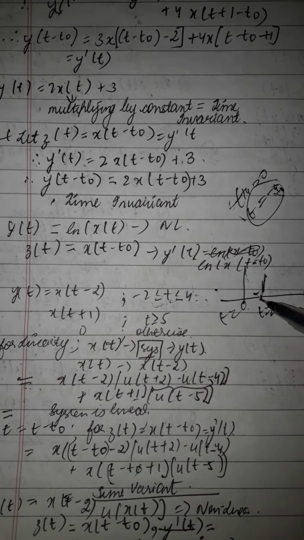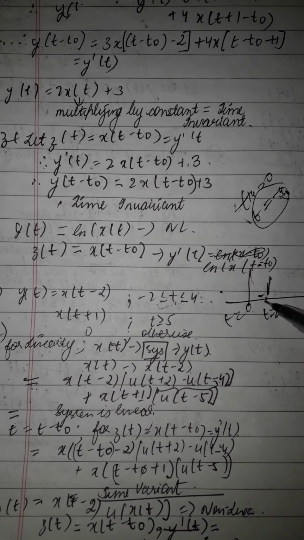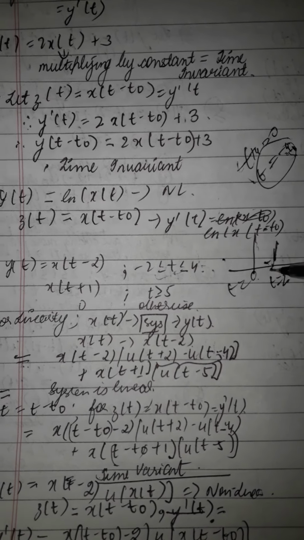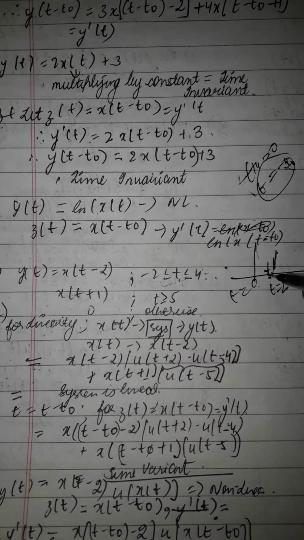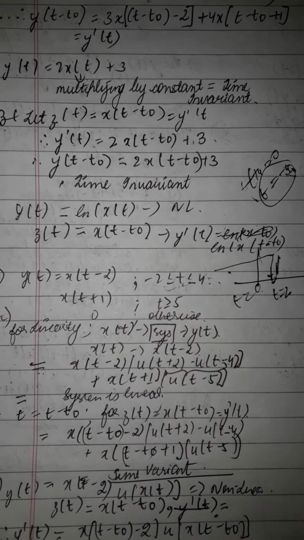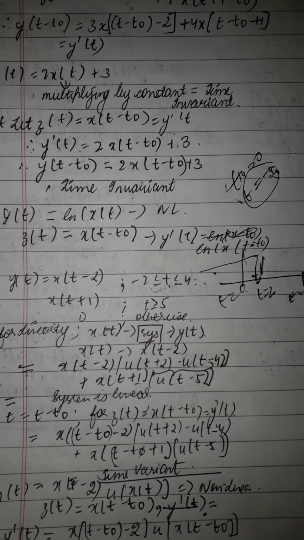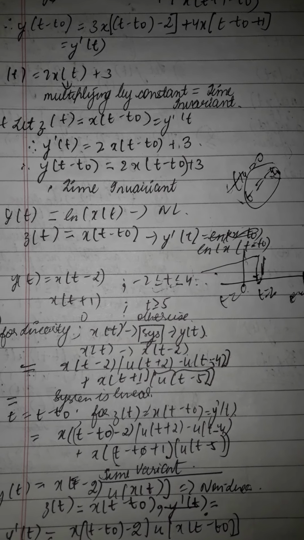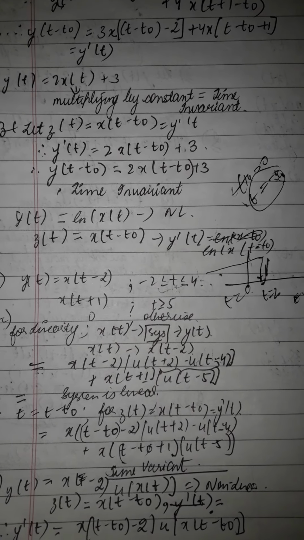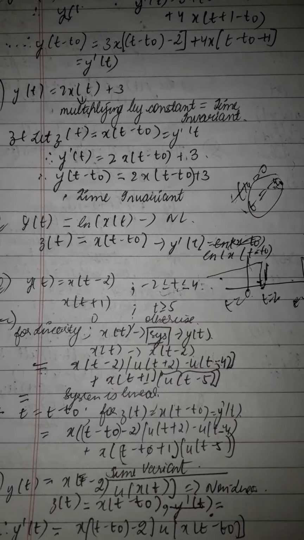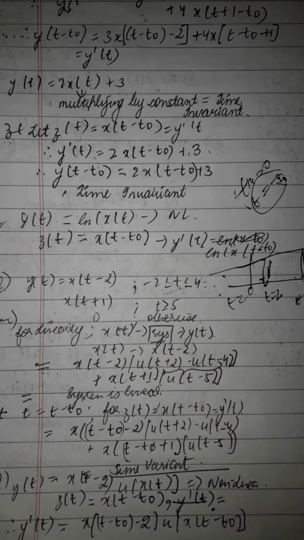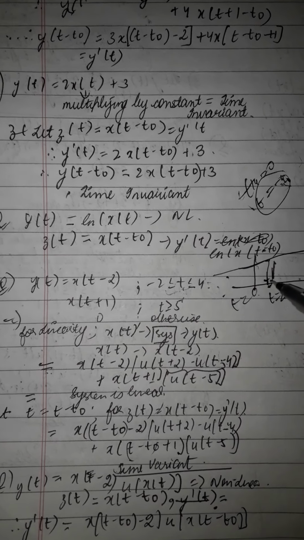Okay, so t plus 2 means the value which lies from minus 2 to infinity, first of all, like this. u(t+2), this. Okay, and then u(t-4) will be t minus 4, like this. t less than 4, this one, from minus infinity to 4, and from minus 2 to 0.